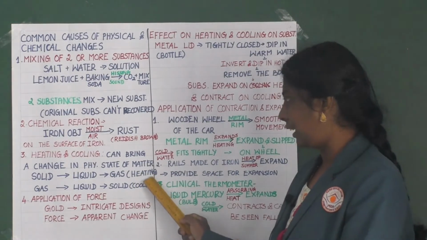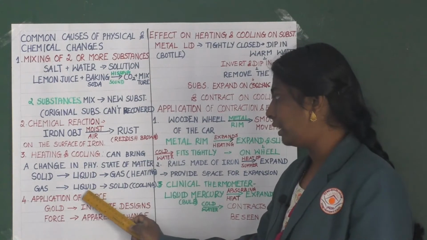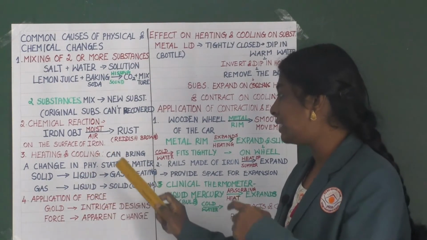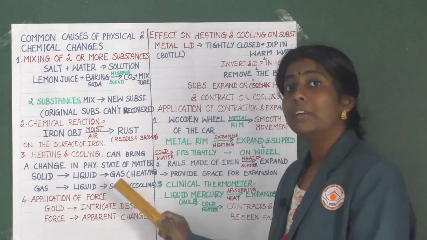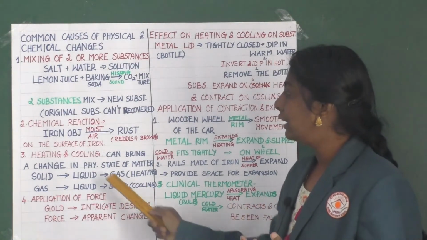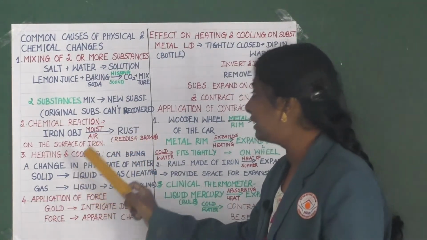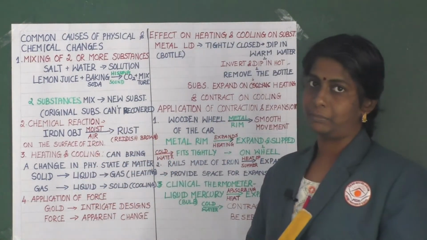Then again gas is changed to liquid and liquid is changed to solid when it is subjected to cooling. So heating and cooling can bring a change in the state of matter.